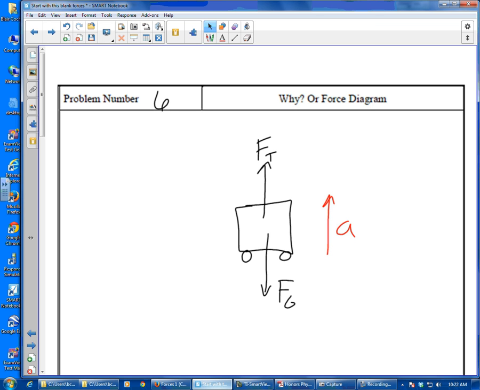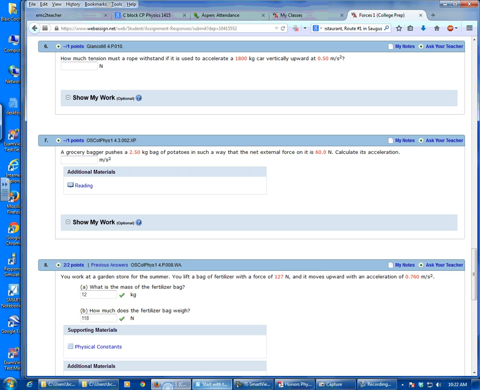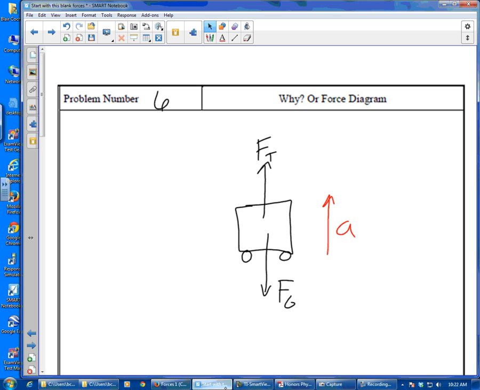So it accelerates vertically upwards at this. You could always add in, a lot of people do this on the car, label it that it has mass M. That's kind of an optional thing, but it can be helpful to remember, especially when we get to systems in about a week, and we have multiple things rather than just one thing.